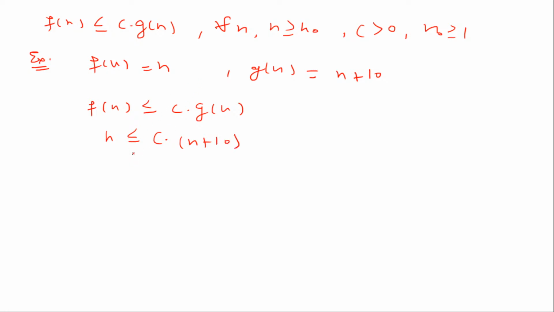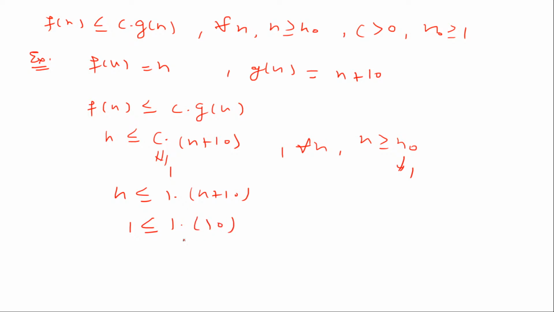If we put n naught as 1 and c as 1, then 1 dot (n plus 10) satisfies the condition.